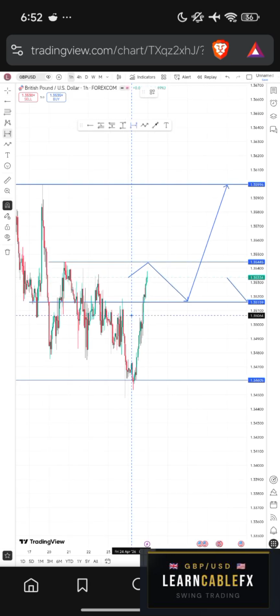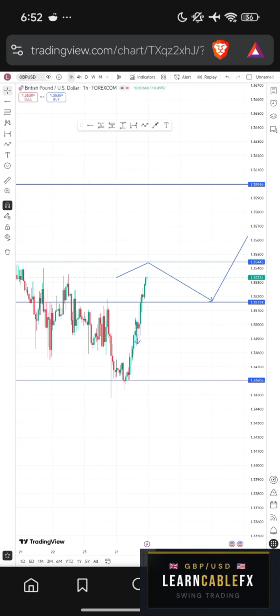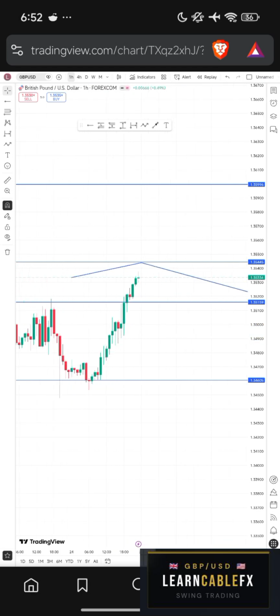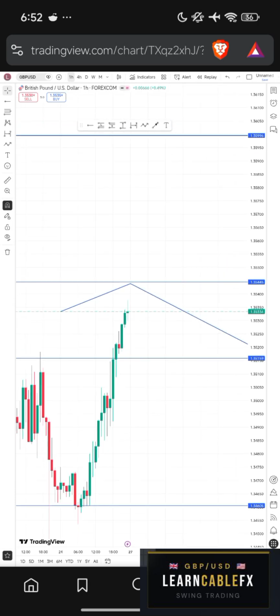So the 1 hour, you can see the structure, higher high, higher low. This structure over here.